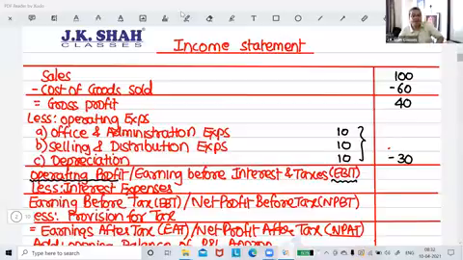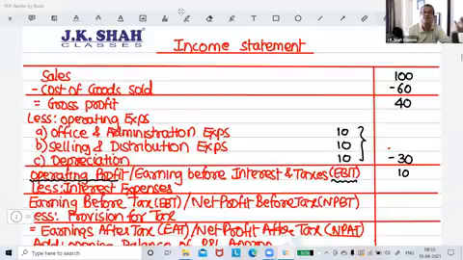What will be my operating profit? Will it be 10? Numbers are simple to understand. Now, with this example, suppose I ask you to calculate ratio number 3, the operating profit ratio. The operating profit is 10, EBIT is 10, and the sales is 100.